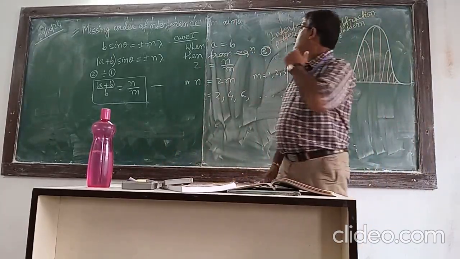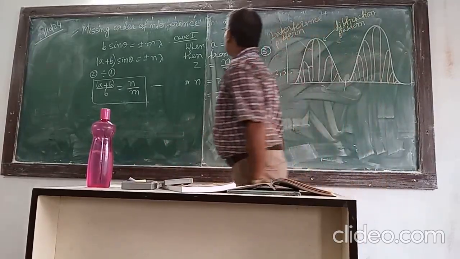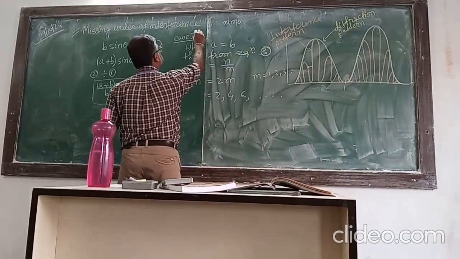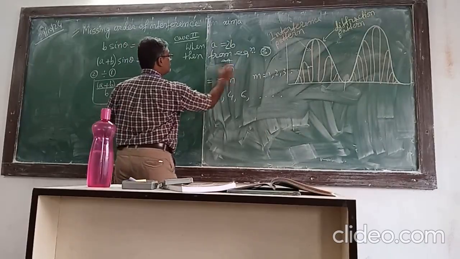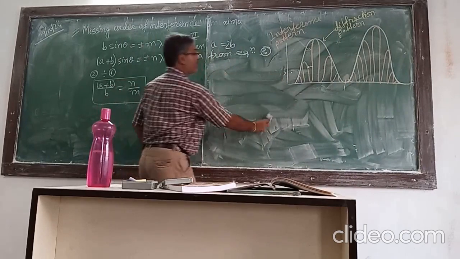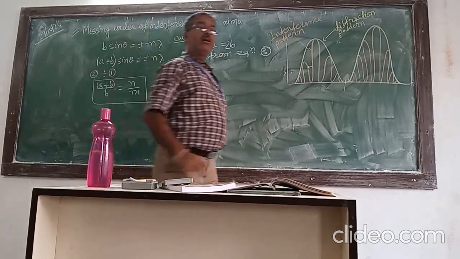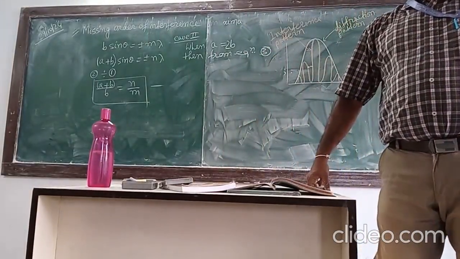Case 2: when A equals 2B. That means the distance between the slits is double the slit width.